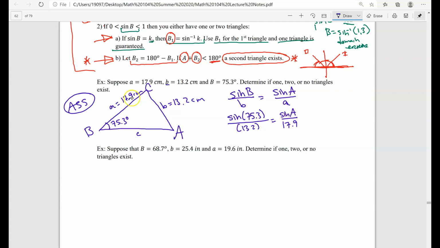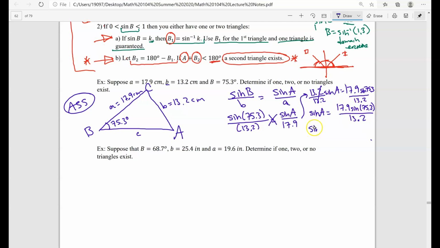Now what we're going to do is cross multiply. So we get 13.2 sine A equals 17.9 sine of 75.3. Then we divide by 13.2, so sine A is equal to 17.9 sine of 75.3 divided by 13.2.